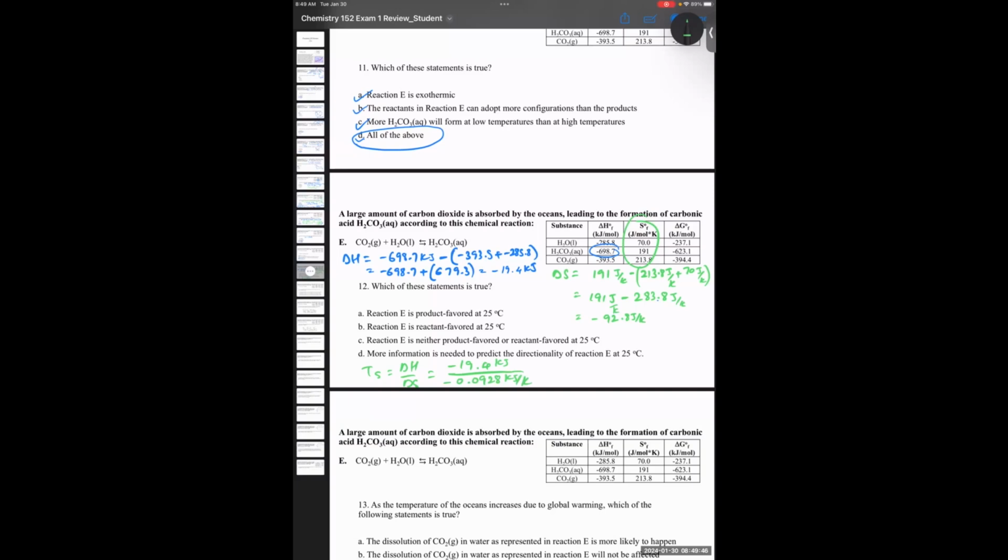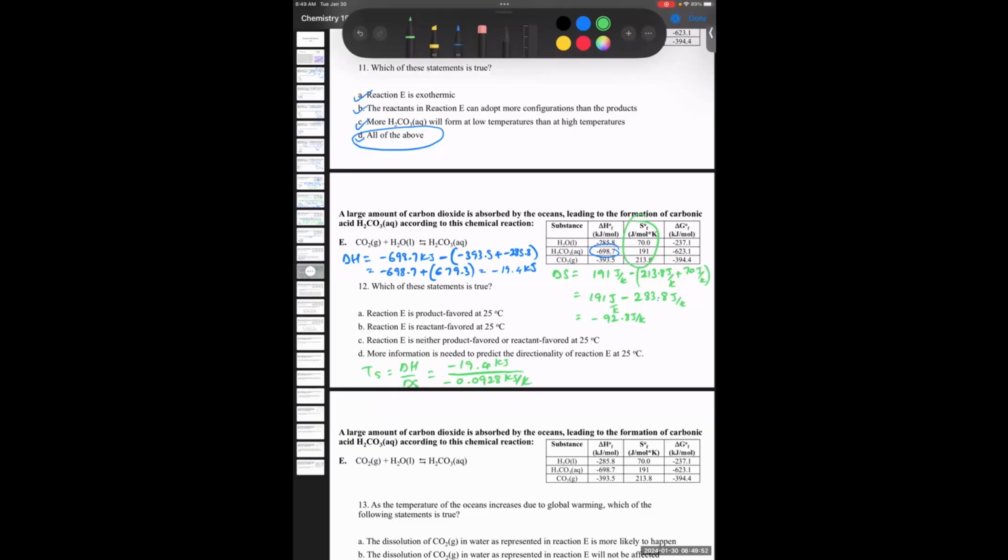Note that I converted joules to kilojoules for delta S. Anyway, the kilojoules cancel out, you're going to get the answer in Kelvin, and negative divided by negative is positive. So that is going to be 19.4 divided by 0.0928, which is 209.